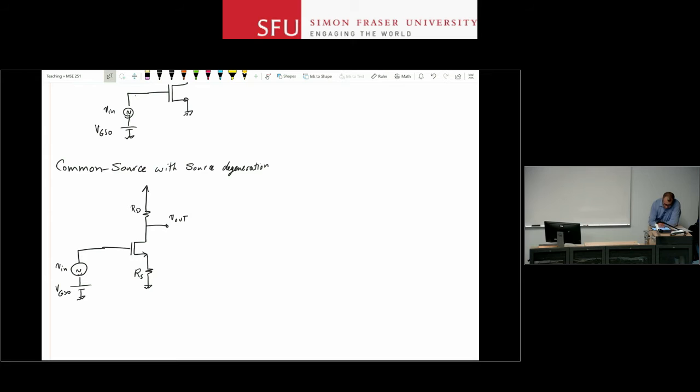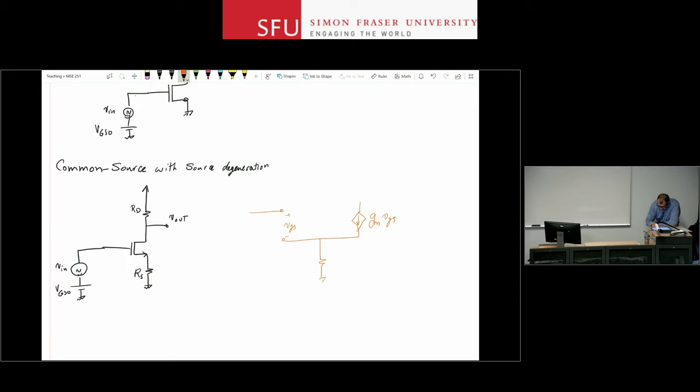So in this case, what I have is a small signal model that looks like this. For a MOSFET, this is the small signal model. So GM VGS, and of course VGS is the small signal VGS now.